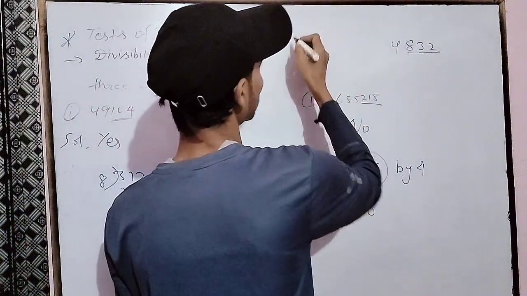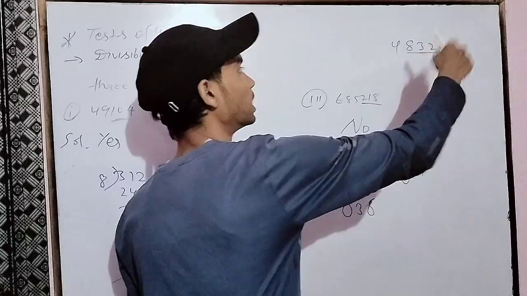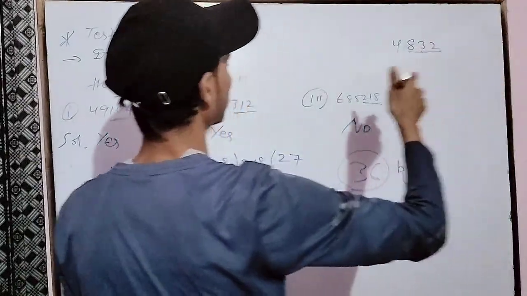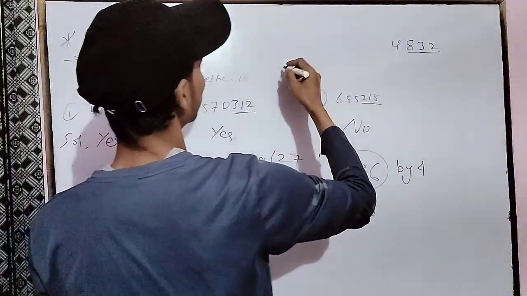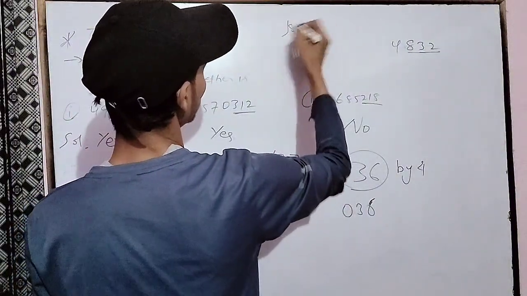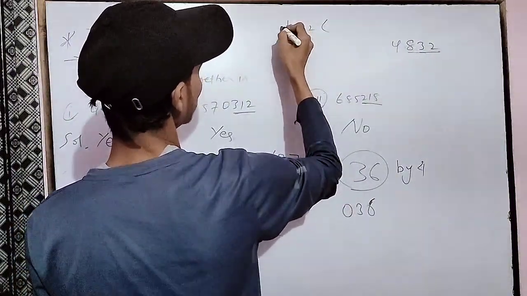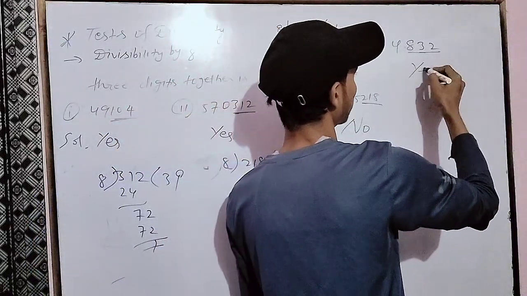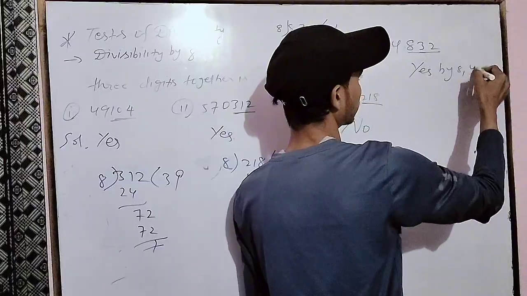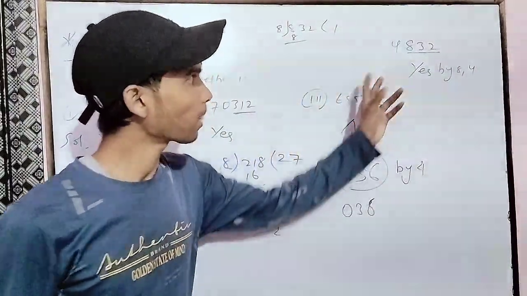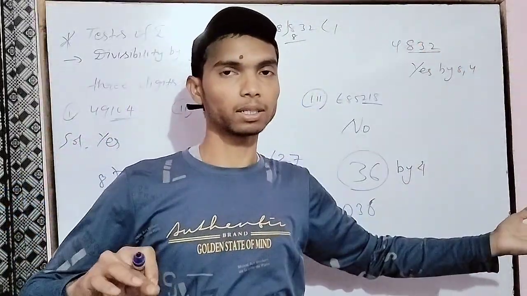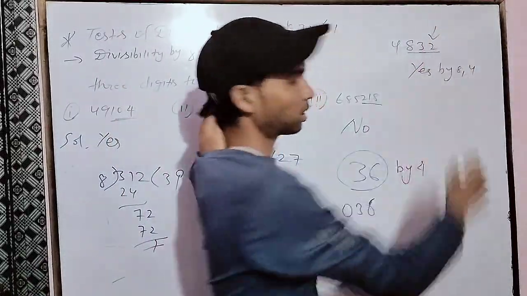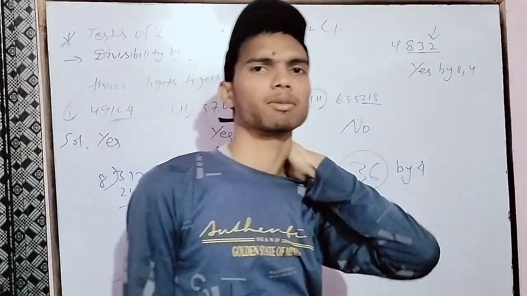If the last 3 digits are divisible by 8, then we can say the whole number is divisible by 8. 832 divided by 8, yes, this is divisible by 8. So this whole number is divisible by 8.